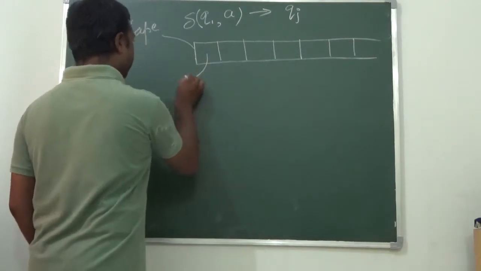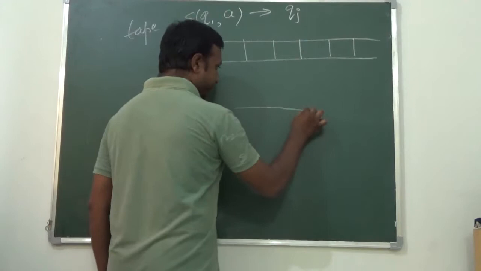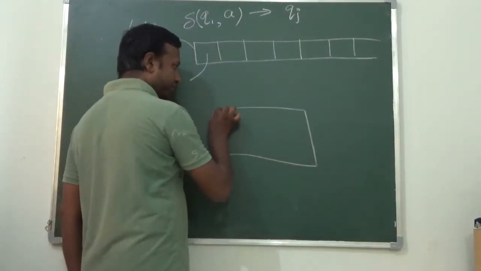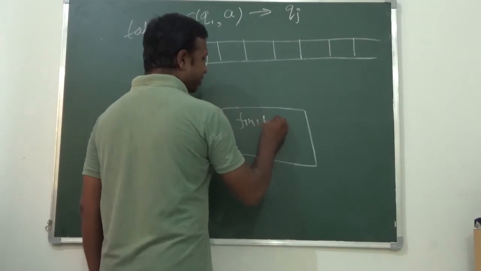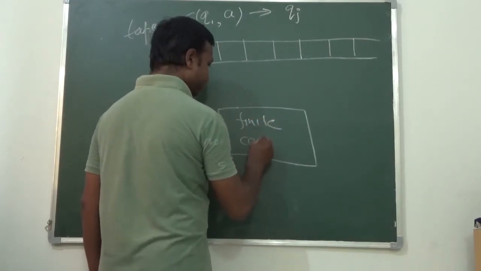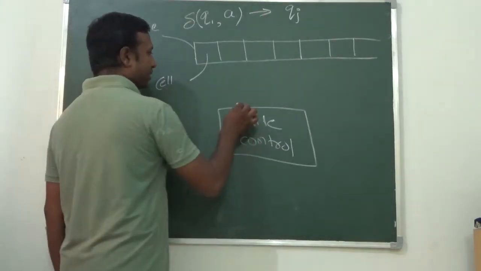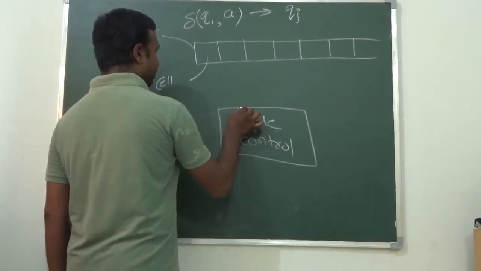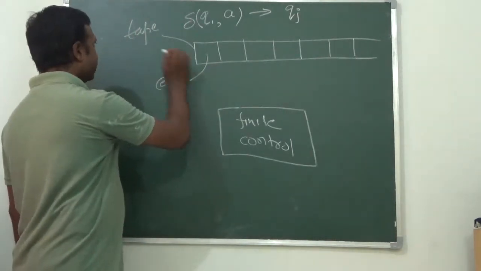So this one is called a cell. There is a finite control, and basically let's talk a little bit about the tape first.